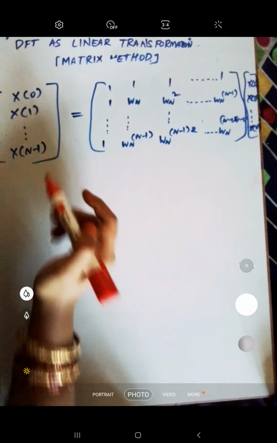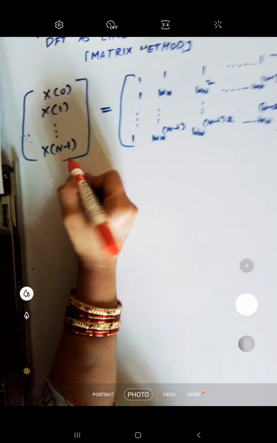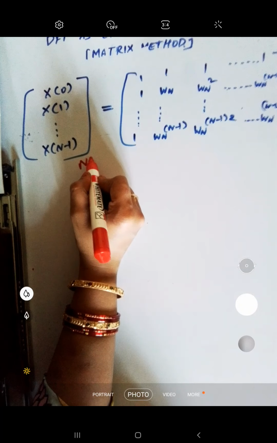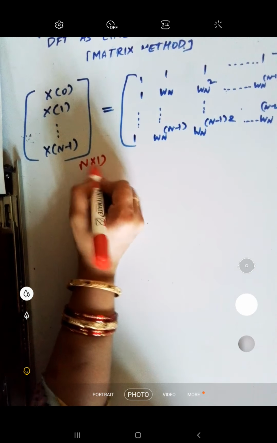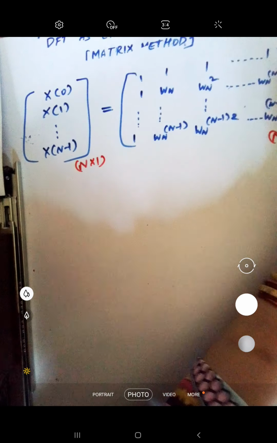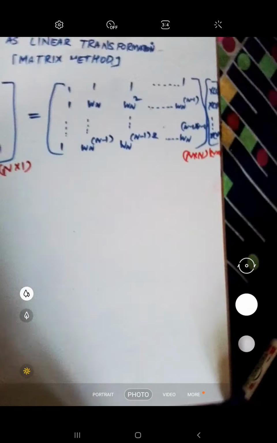This is the matrix representation with N rows and one column, an N by 1 matrix.